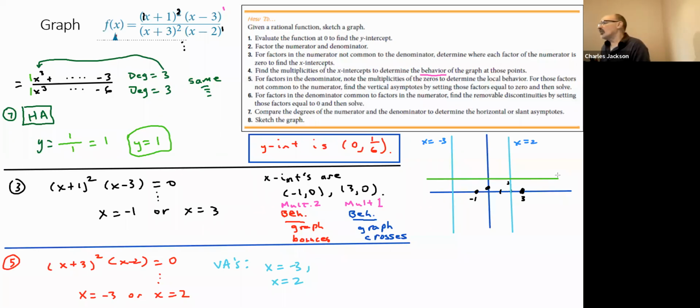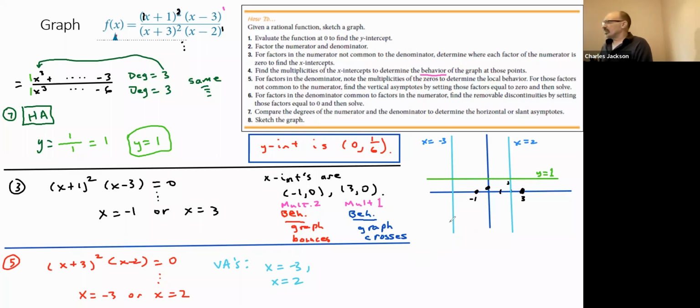Okay, so we've done the first 7 things. Then it says sketch the graph. And so basically it just remains to get some more points to figure out how we're going to hang a graph on all this stuff we know.